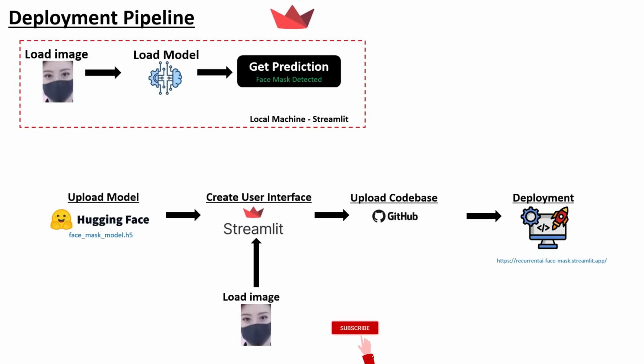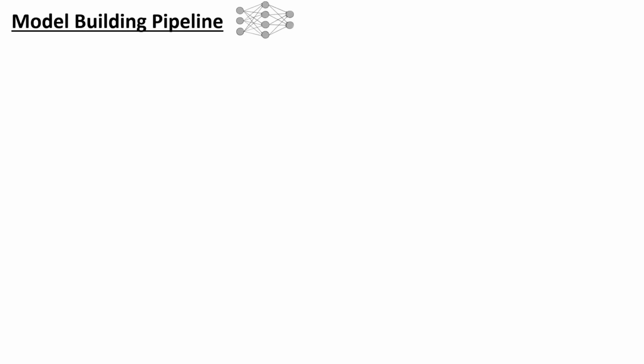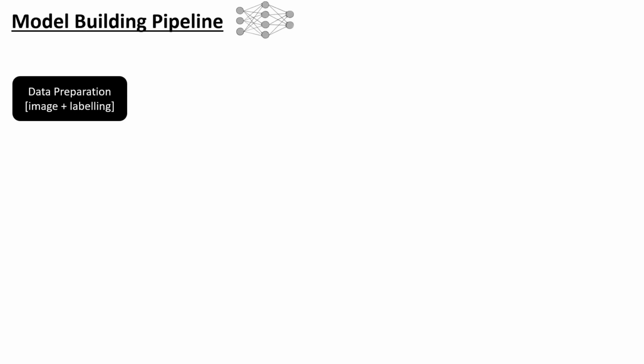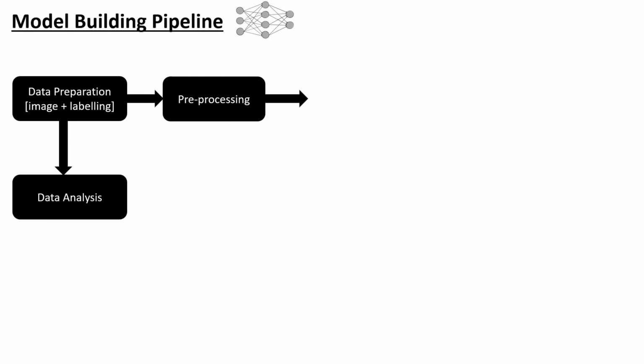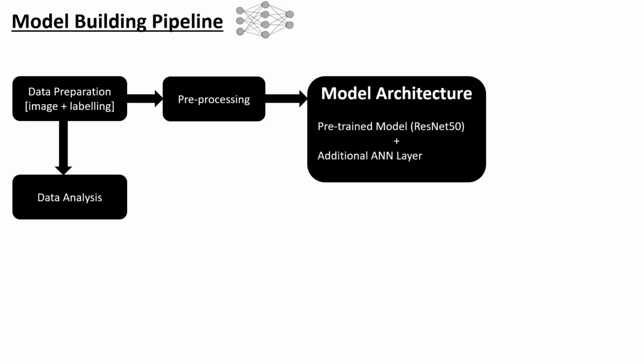To understand the architecture of this project, I created two parts. The first one is the model building pipeline. The second one is the deployment pipeline. In the model building pipeline, first we have to prepare the data, where the image and label should be available, and we'll start doing the analysis. After analysis, we prepare the data, then send it to the model architecture.